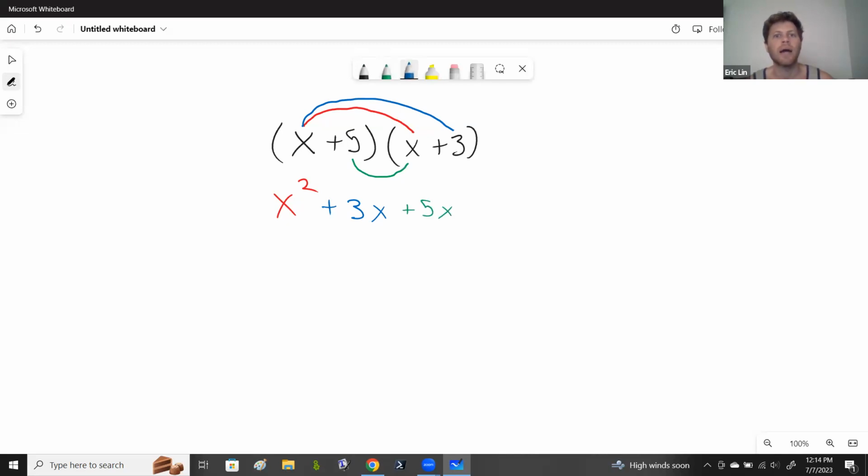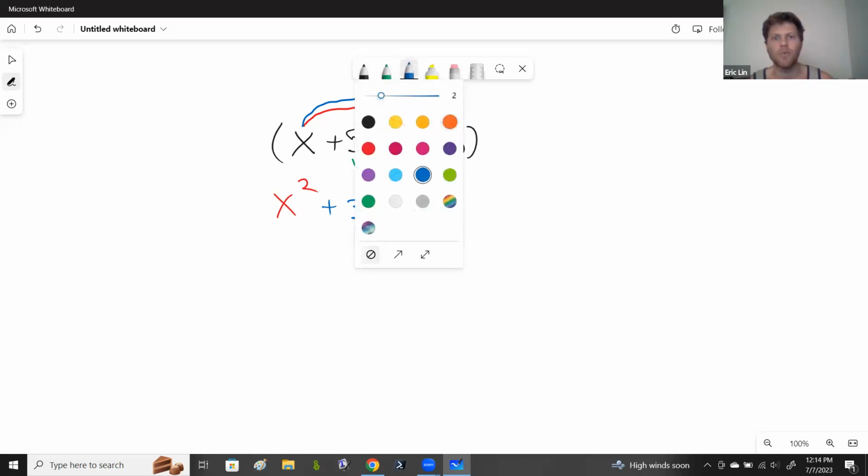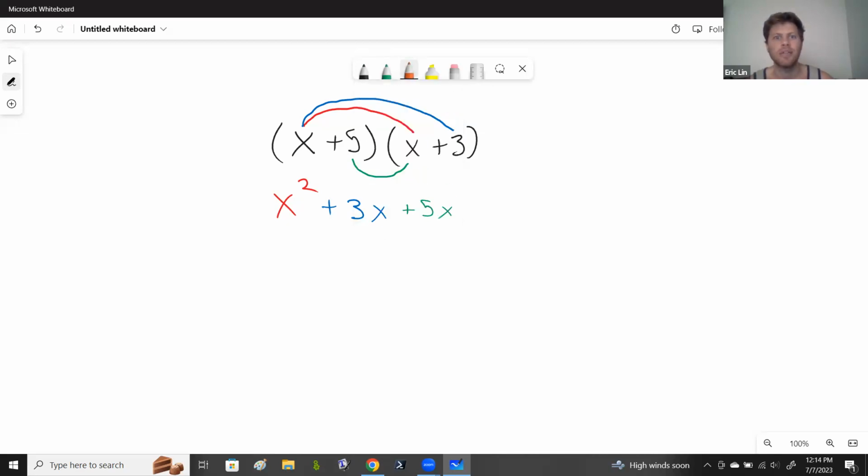And then we have, I'll do orange, 5 times 3, which is 15. You'll notice that 5x and 3x are like terms, so I can combine them into 8x. So all in all, once I've completely simplified this, this is x squared plus 8x plus 15.